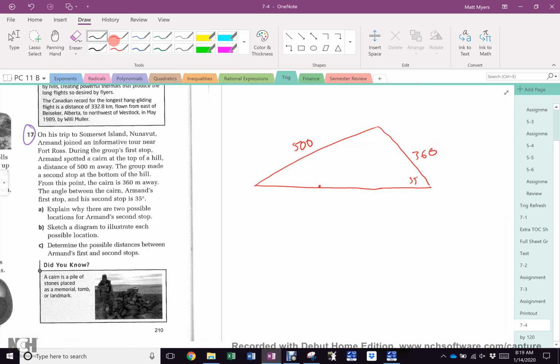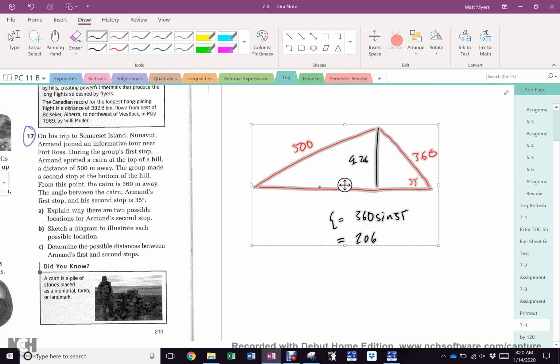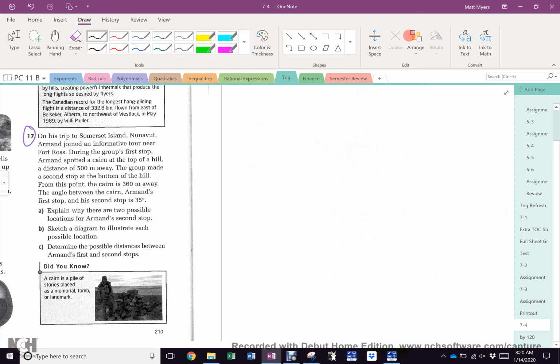Which would mean Q equals 360 sine 35, which equals $206. But we've already got that. I don't like that question at all, because I can't wrap my head around it. I can do the trig, but I can't.